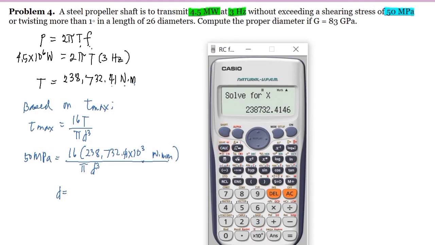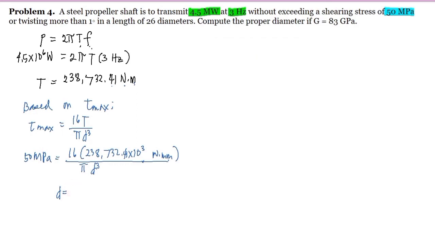Shift, solve equals, and we would have 289.71 mm.